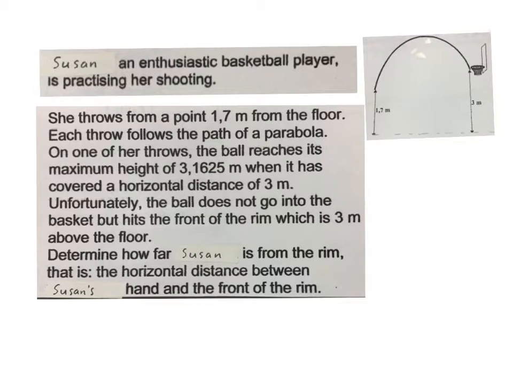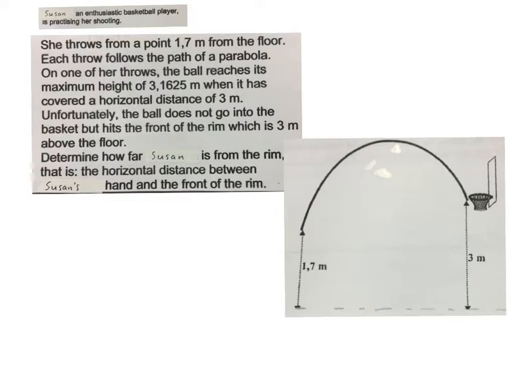In a good question, they will usually give us a small picture on the side that we can correlate the information with the picture. In any word sum, you should actually read the question a few times. I'm just going to put this information into the picture quickly. So it says here that she throws from a point 1.7 meters from the floor. So the height from the floor up, where the ball leaves her hand, is 1.7 meters.